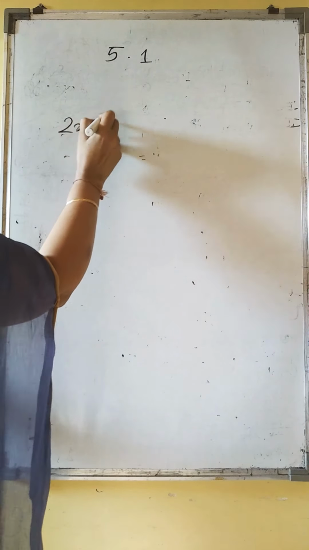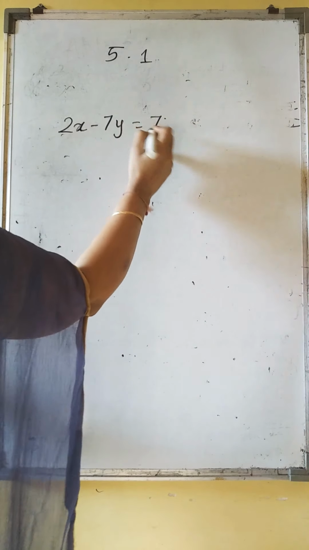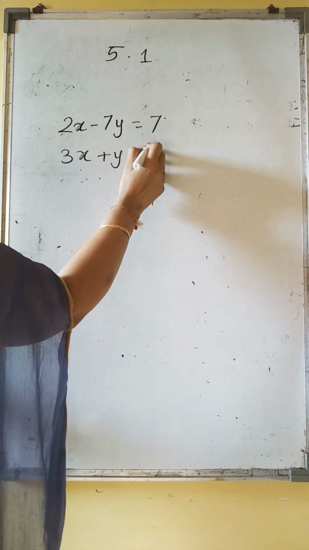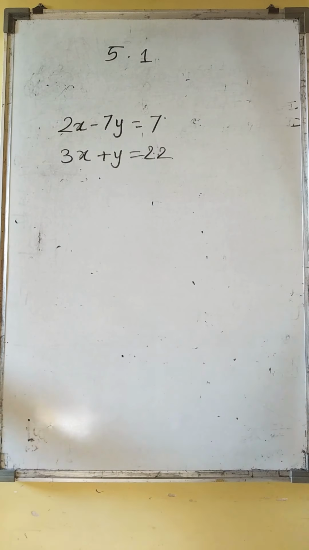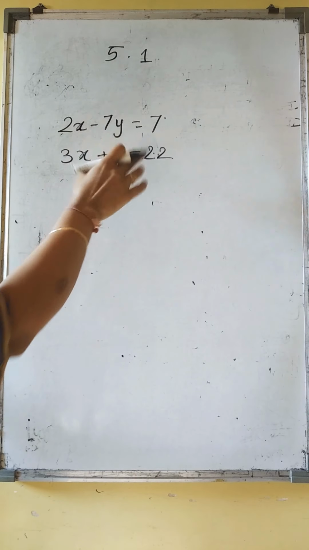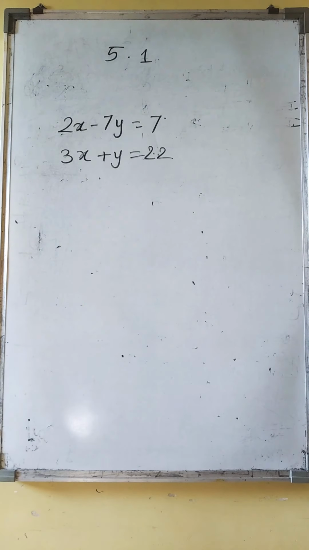So you have 2x minus 7y is equal to 7 and 3x plus y equal to 22. Observe x then followed by y, constant term on the right hand side. Yes, everything is in proper way.